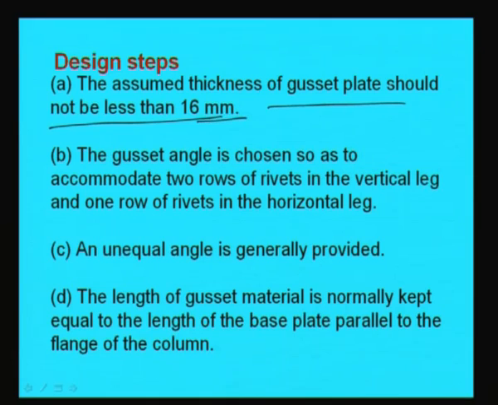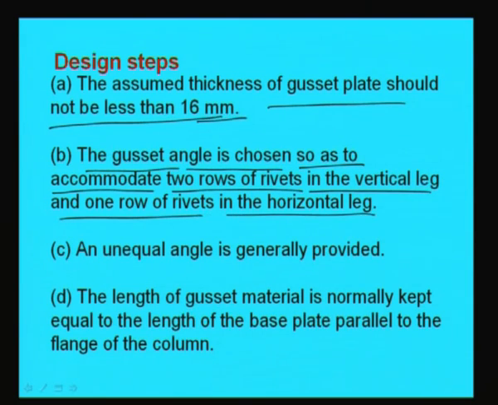Second, the gusset angle is chosen so as to accommodate 2 rows of rivets in the vertical leg and 1 row of rivets in the horizontal leg. And generally we use an unequal angle.